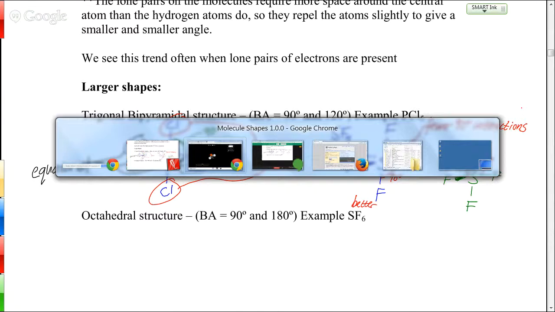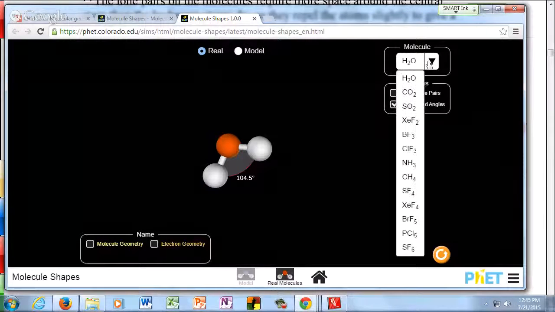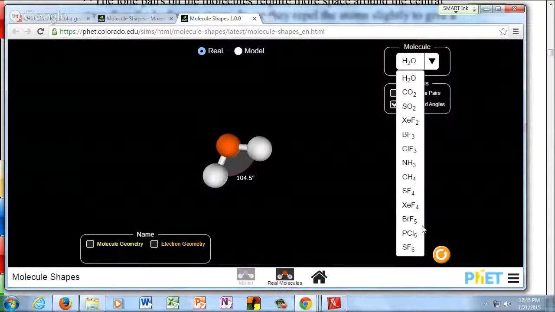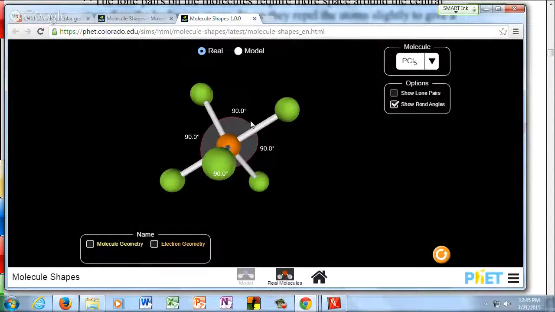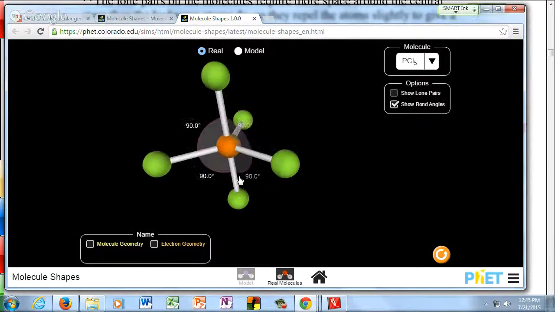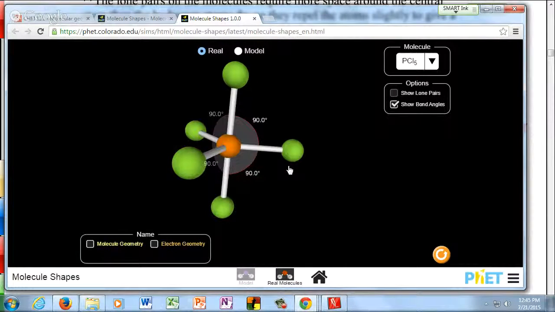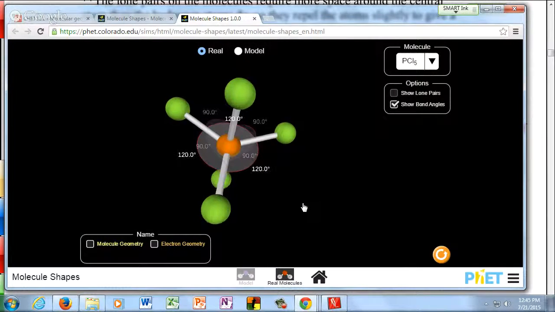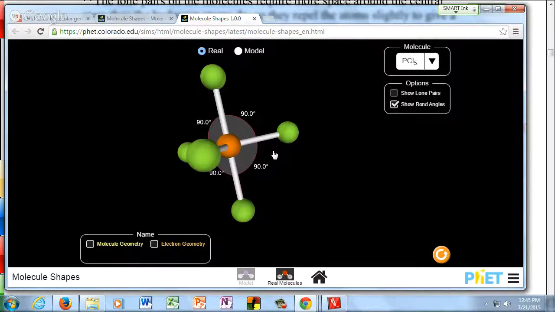So let's look at those structures. First, we'll look at PCl5, which is that trigonal bipyramidal. And so you see those 120-degree bond angles around the middle, and then the 90 degrees on top.